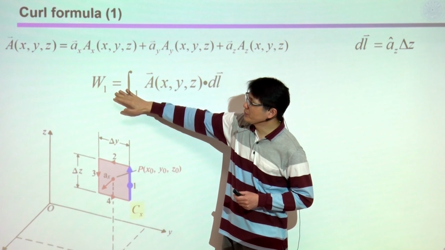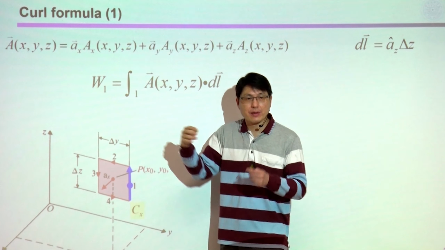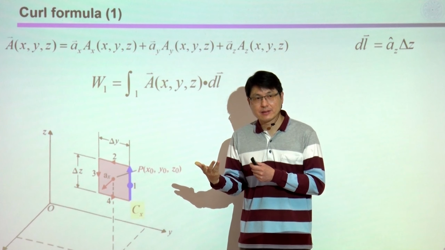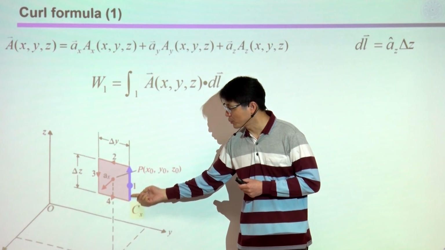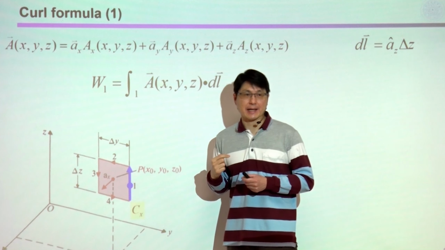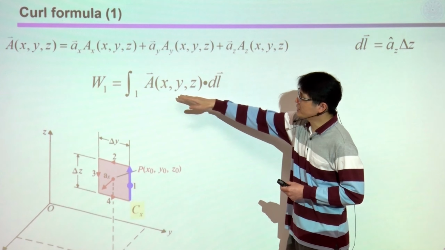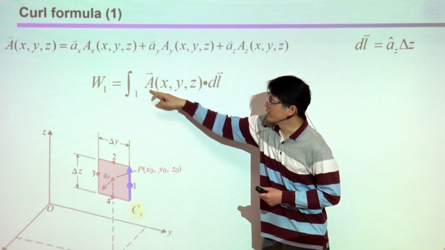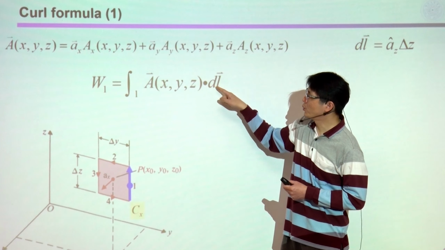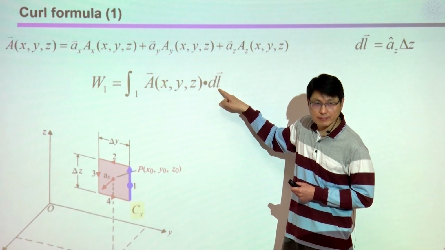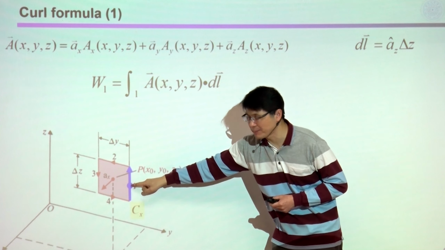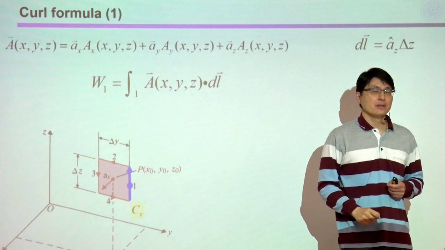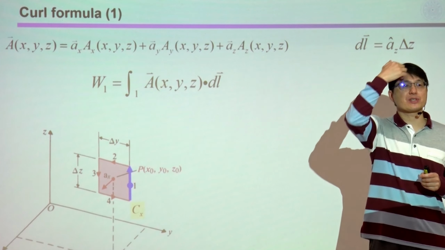So what I'm trying to do is I want to evaluate the work done over segment number 1. So work on segment number 1. So this is your field making a dot product with differential length for segment number 1. So ask yourselves how to start.